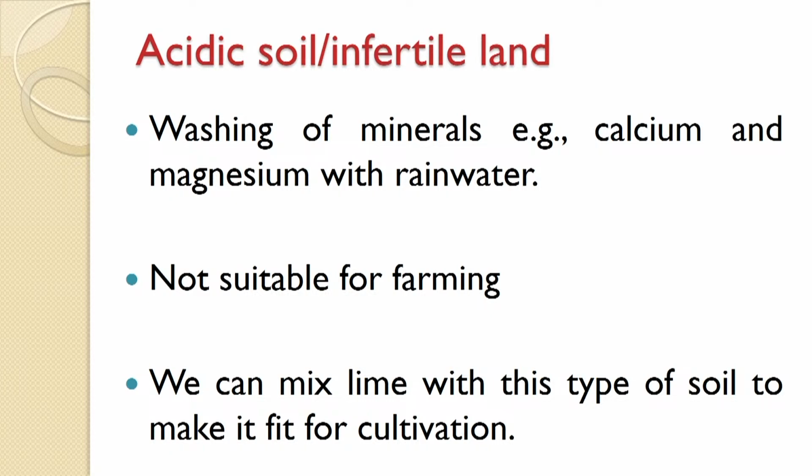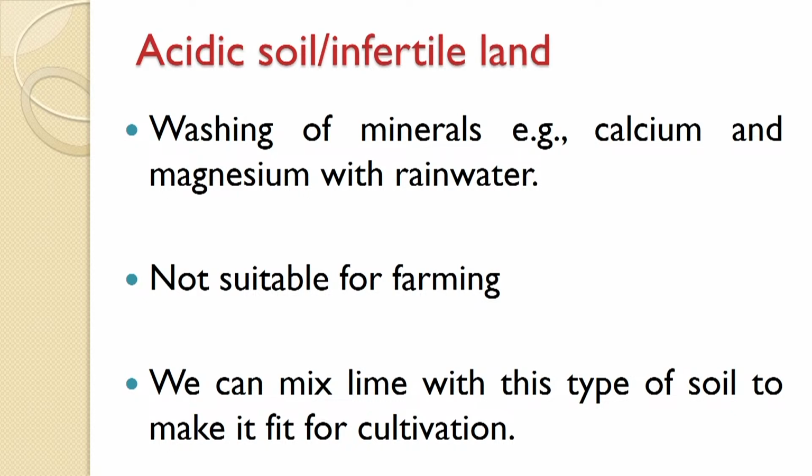Actually, in the soil there are various types of mineral like aluminium, iron, calcium, magnesium, phosphorus, nitrogen, and various other type of mineral. But suppose if an area where rainfall is high, then this calcium and magnesium type of mineral, or we can say the alkali earth metal, they are actually washed away with rainwater, and these calcium and magnesium minerals actually balance the pH or the reaction in the soil.